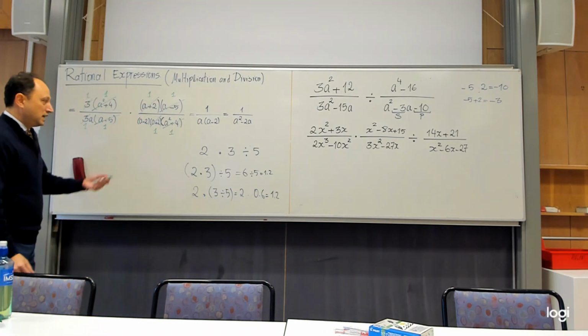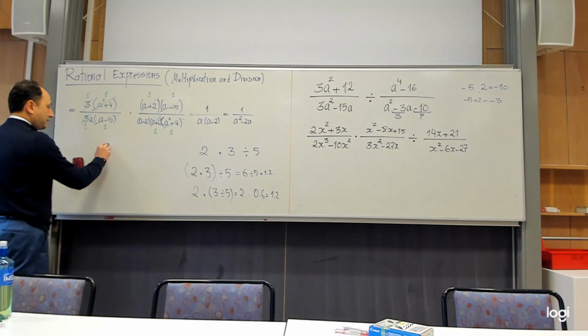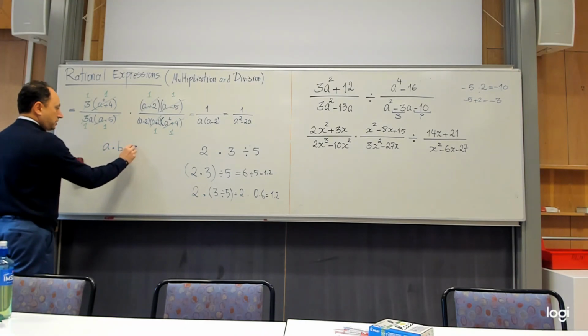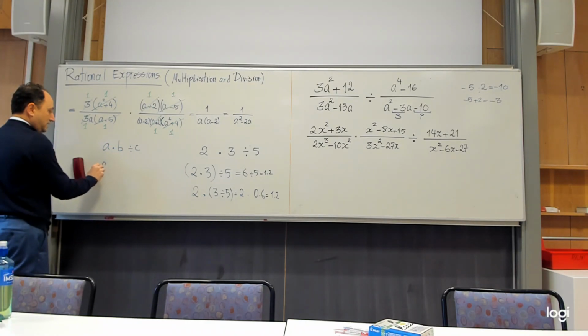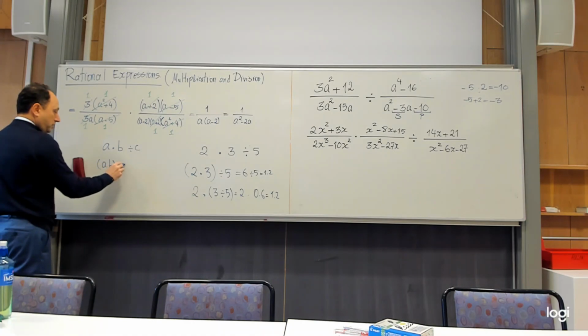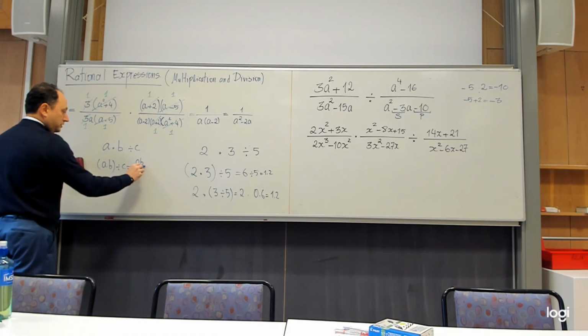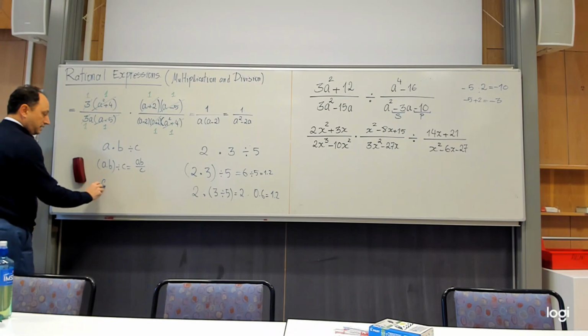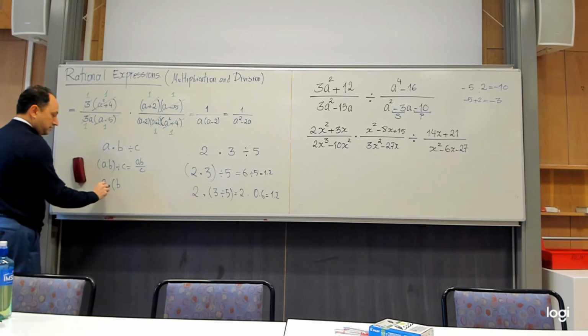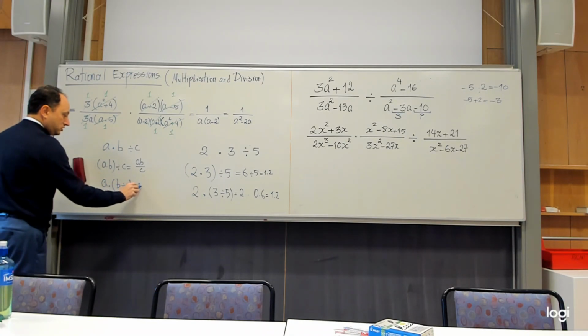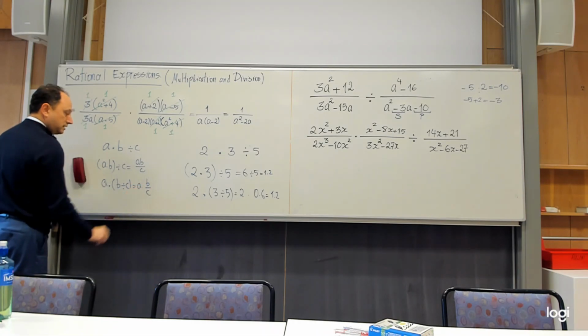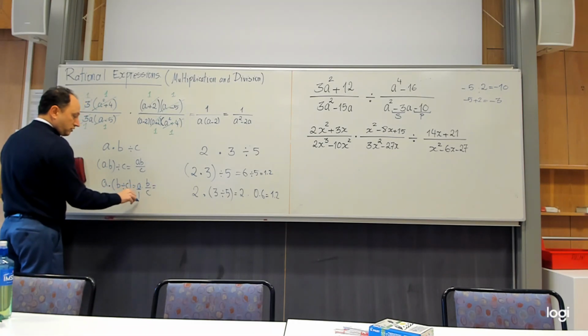So remember, if I have a dot b divided by c, it means a dot b over c, which is ab over c. Instead of a, I can write a over 1.